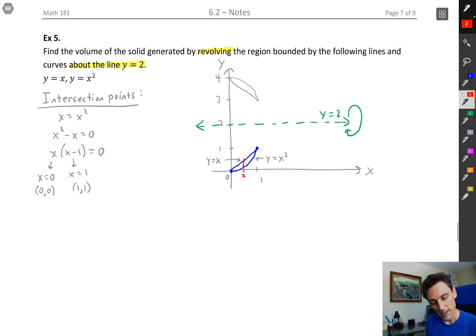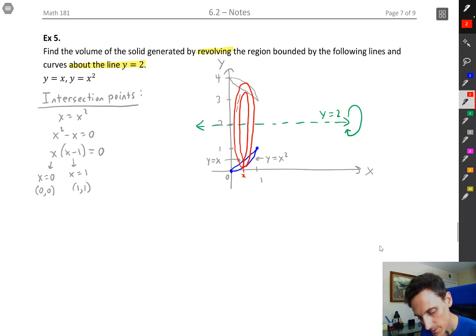And we're going to imagine what it's like to rotate that about the y equals 2 line. Well, we're going to have this inner circle and this big giant gap that's inside, and then we'll have the actual solid somewhere in between this inner circle and the outer circle.